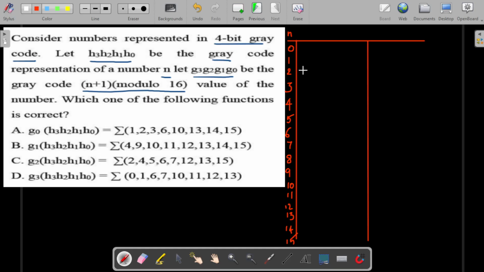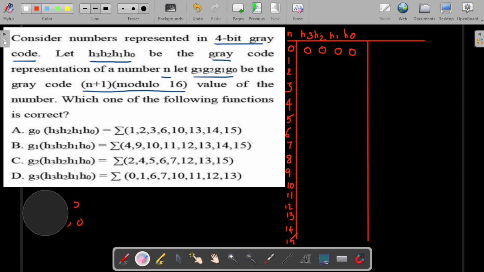Here is the gray code of the normal number, H3, H2, H1, H0. So you see it's the gray code of the normal number n. The normal 0 can be written as 0 0 0 0. The gray code is 0 XOR 0, everything is 0. So here the gray code will be the same, 0 0 0 0. Let me use this for all things.